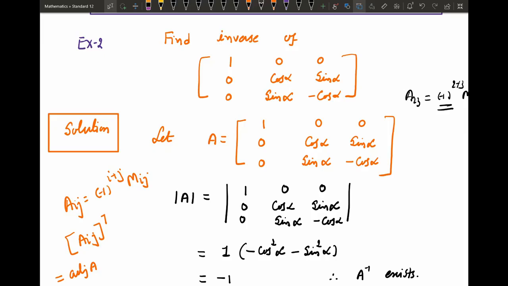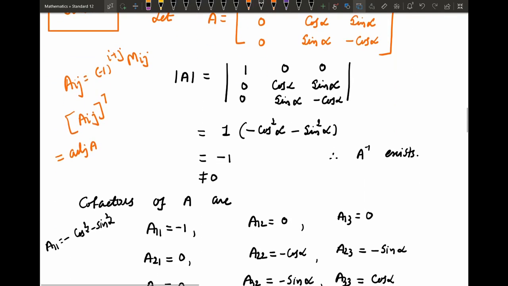So let us find determinant A. Determinant A is the determinant 1 0 0, 0 cos alpha sin alpha, 0 sin alpha minus cos alpha. So for matrix A we have taken its determinant, and when we evaluate its value, 1 into minus cos square alpha minus sin square alpha.